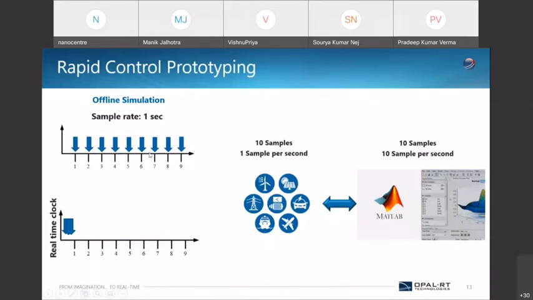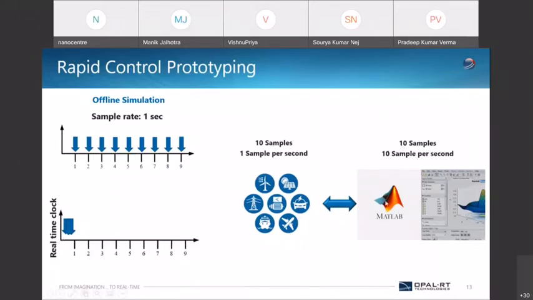Each second, a sample is sent by the real plant. Now, what we had done is we had asked it to send us 10 samples. But because MATLAB is having a controller, let us say the controller which you have developed is a simple PID controller, it will hardly take any time. So I'm actually expecting the 10 samples.